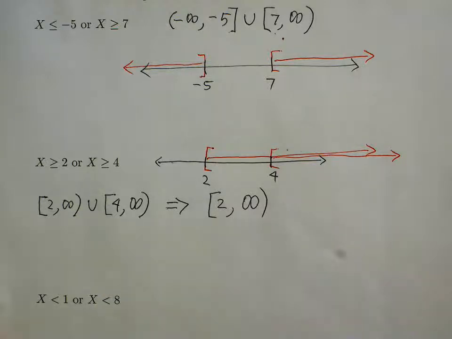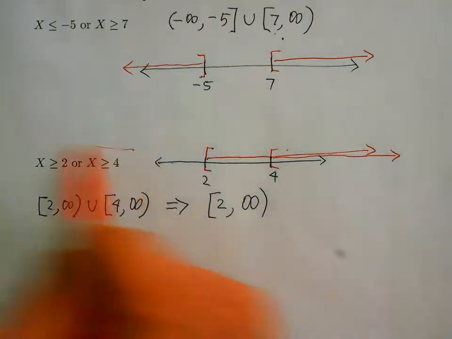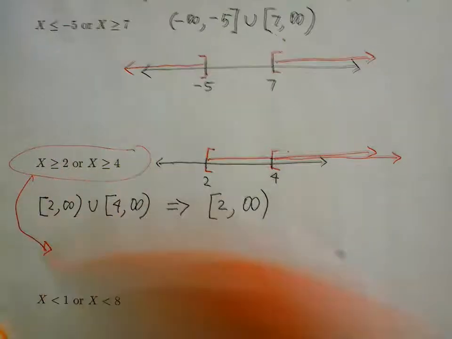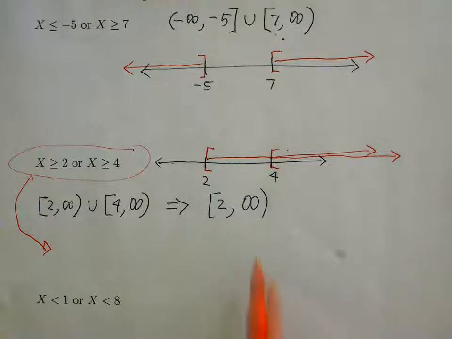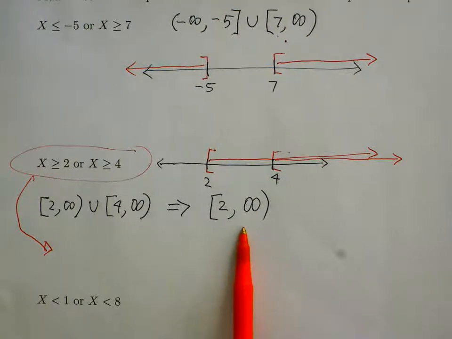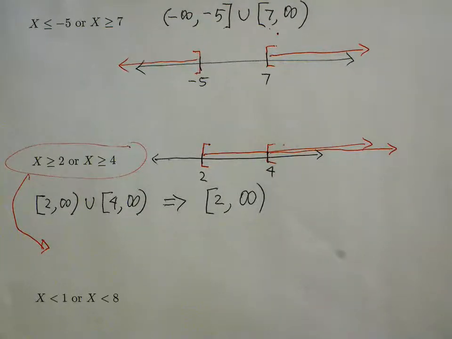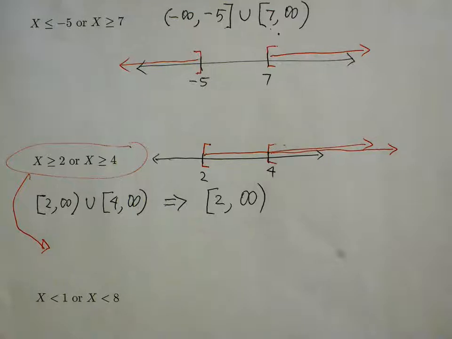Okay, so the algebraic notation can also be simplified. And the interval notation might help us. So these numbers in this set from 2 to infinity, including 2, are numbers that are greater than or equal to 2.